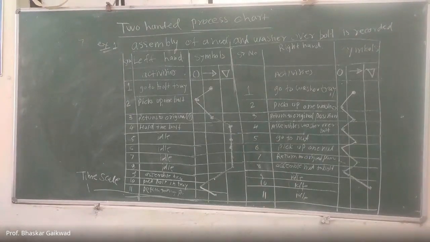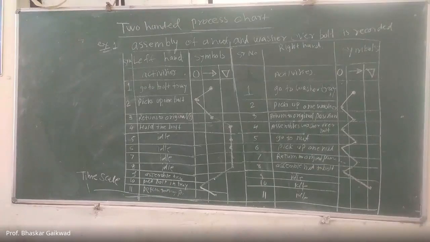Actually, you have to do these things practically and decide. How much time each hand takes and how much time one of these two hands will remain idle. These idle times we have to reduce. Equal effort we have to give to both hands, and because of this psychological fatigue will not develop in that worker.